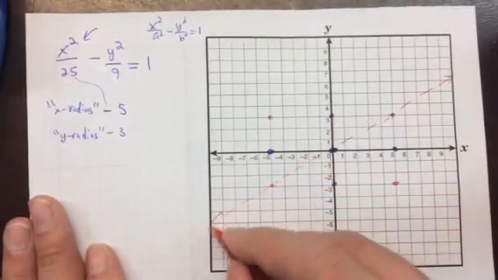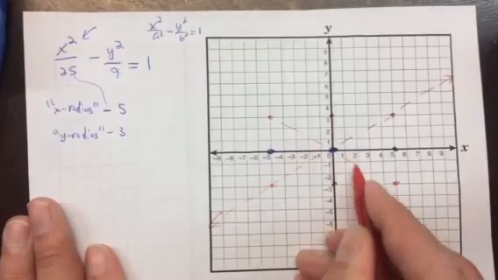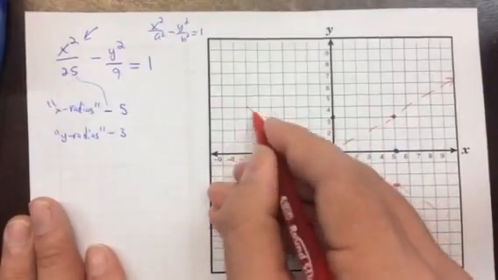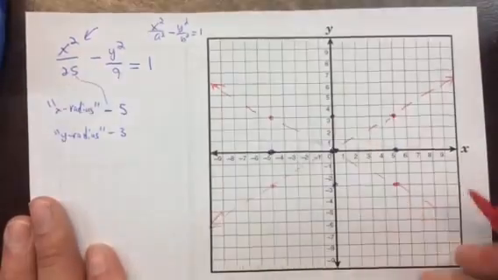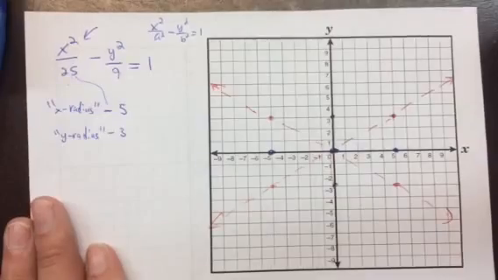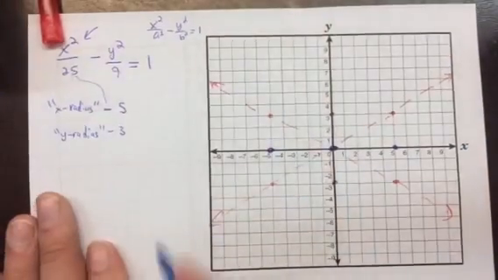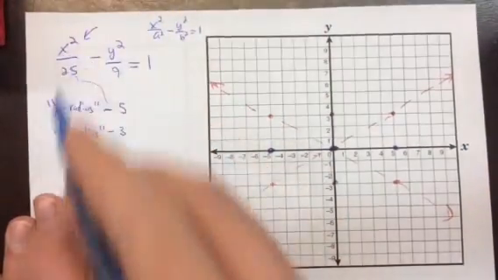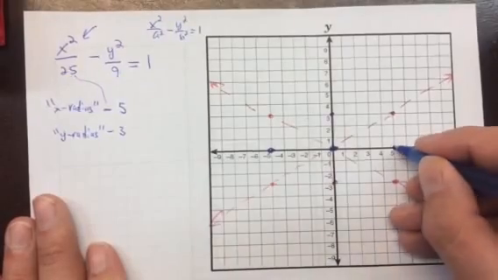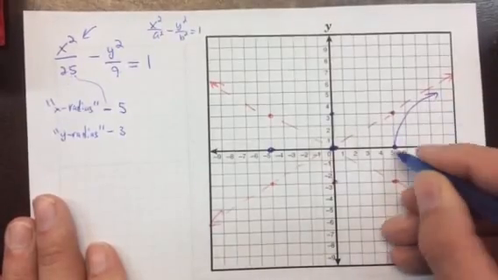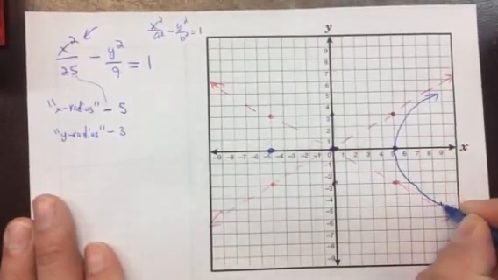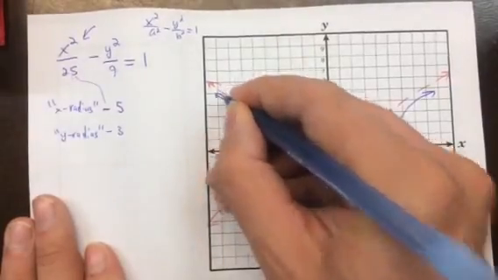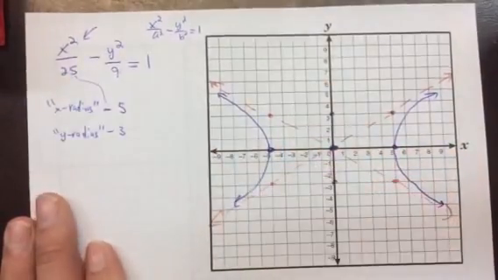This is where the asymptotes of the hyperbola are going to be. So there are the asymptotes of the hyperbola. And again, because this is a horizontal hyperbola, these are the vertices, and we're going to follow the asymptotes like this.